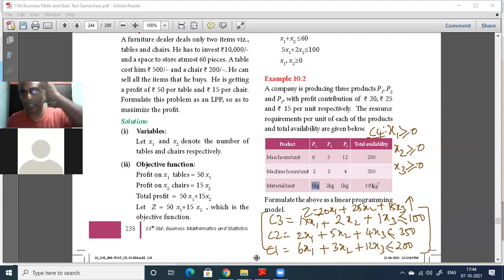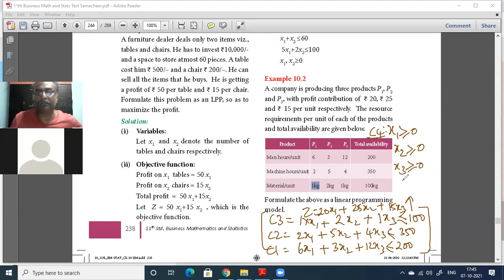You give this as a model by saying that the problem must be solved such that Z, 20X1 plus 25X2 plus 15X3, is maximized, subject to the condition C1 that 6X1 plus 3X2 plus 12X3 is less than or equal to 200, and subject to the condition that 2X1 plus 5X2 plus 4X3 is less than or equal to 350, subject to the condition X1 plus 2X2 plus X3 less than or equal to 100, and subject to the condition that X1 greater than or equal to 0, X2 greater than or equal to 0, X3 greater than or equal to 0.